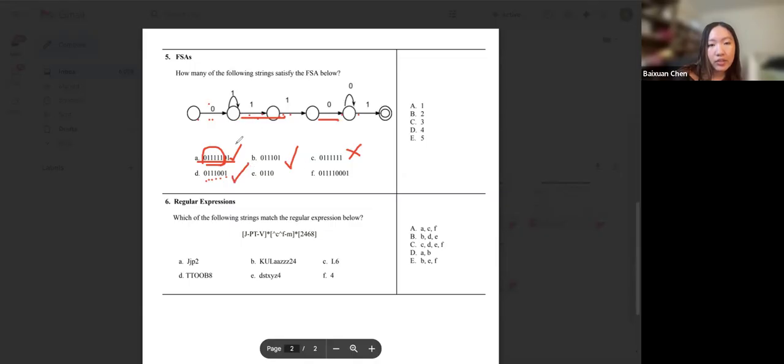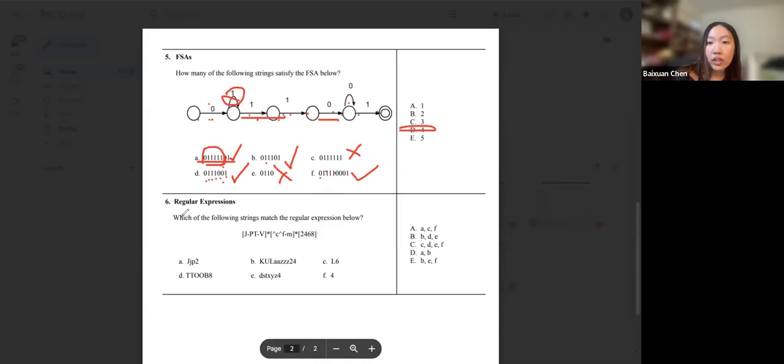And then the next one, we have 0, 1, 1, 0, but then we don't have a 1, so this doesn't work. And then we have 0, 1, 1 here, 1, 1, 1, and they can all go through this arrow. We have 0, 0 again, and then 1, so this one works. So we have 1, 2, 3, 4 that work.